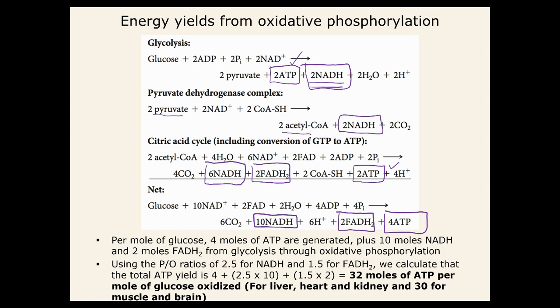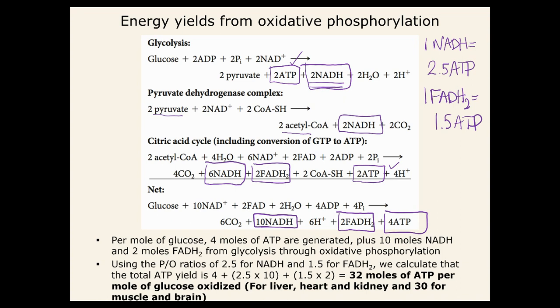And then let's think about our conversion factors. For every 1 NADH, you have 2.5 ATP. For every 1 FADH2, you have 1.5 ATP.